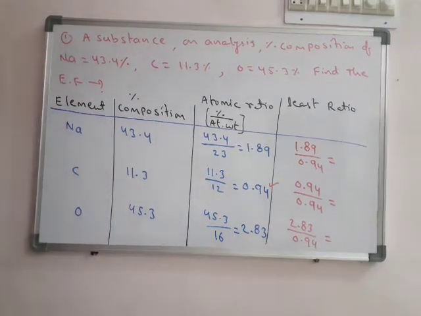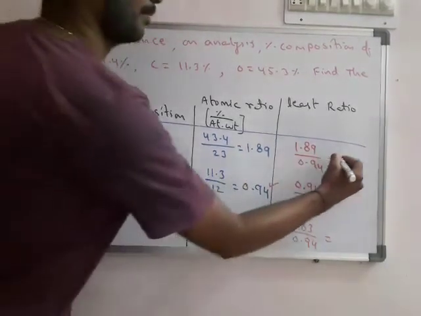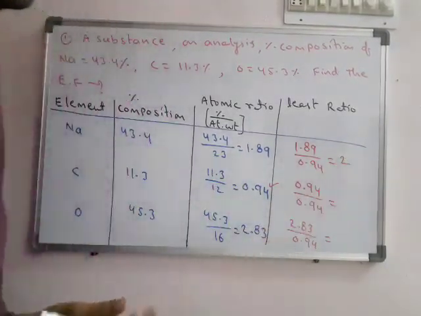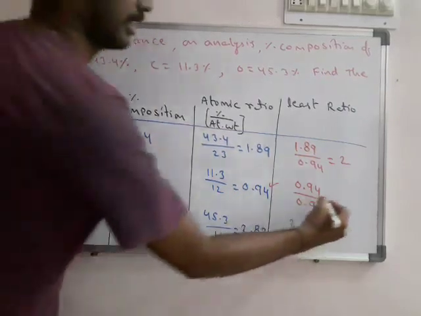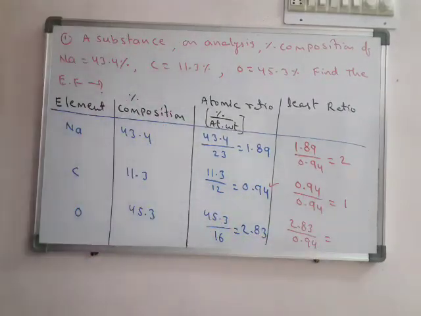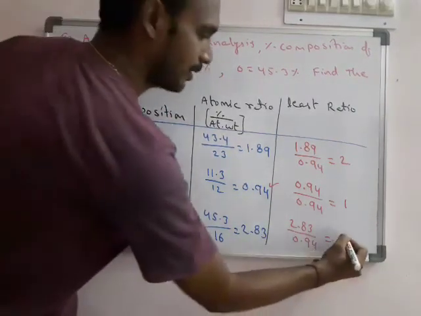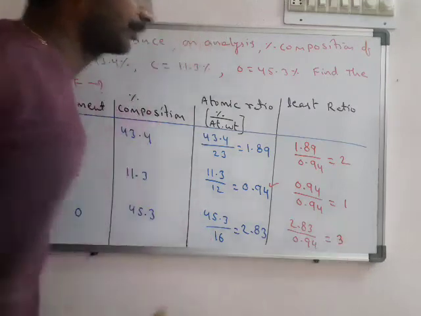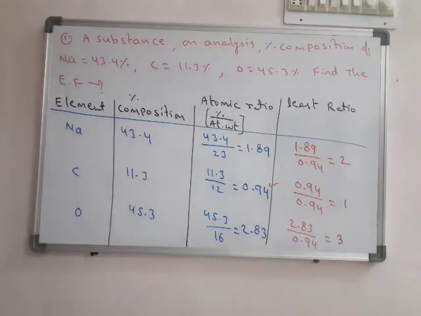On these calculations you will get approximately 1.98, let's say 2. Here it is 1. Then the last one we get approximately 3. Okay, these are the simple ratios.